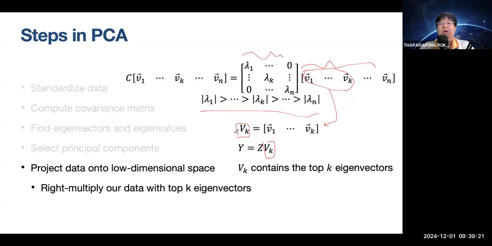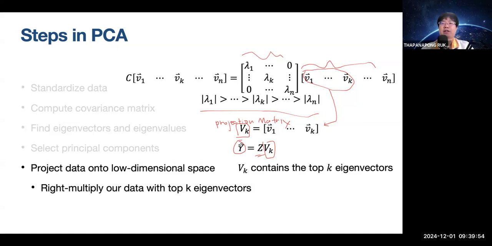So the Vk would be basically your projection matrix. You multiply your data with the projection matrix, and then you will get your new data.